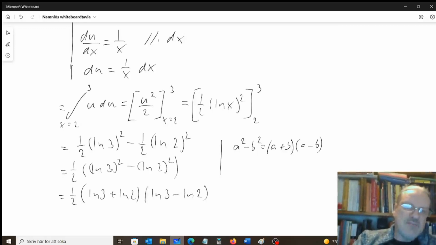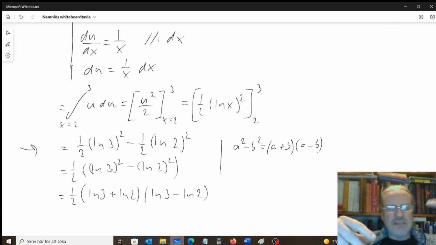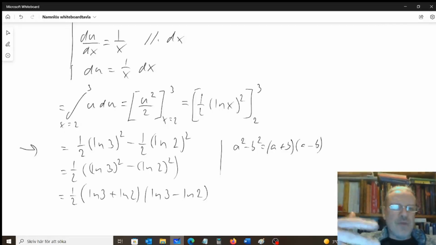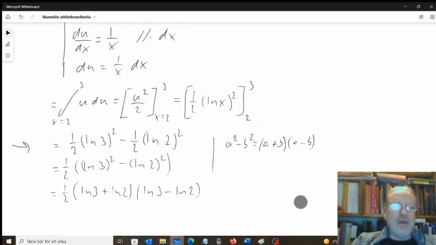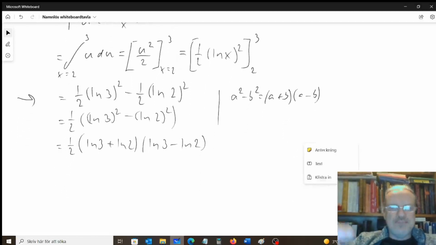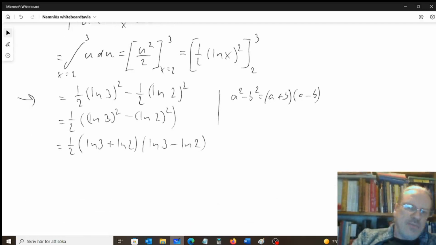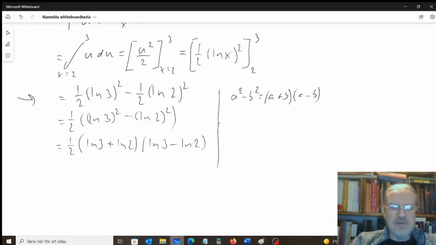And as I said, technically speaking, we already have the answer here, but in an exam, for example, people could ask about writing this as a product. And we don't have it as a product right now, so we need to fix that. So you could say, write the answer as a product of two logarithms or something like that. Okay, then we have a few logarithm rules that are very useful here, right?